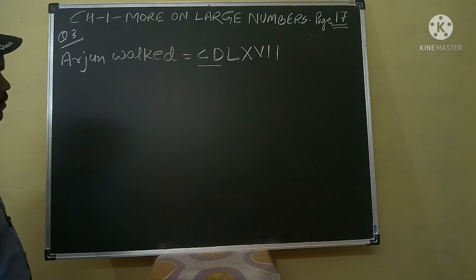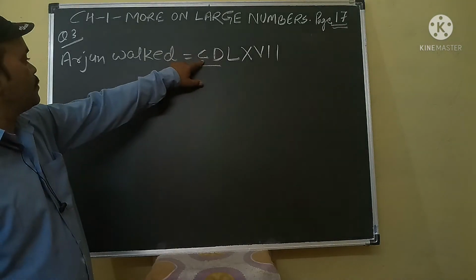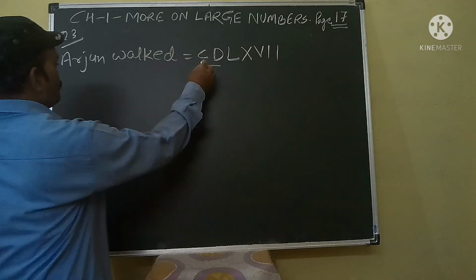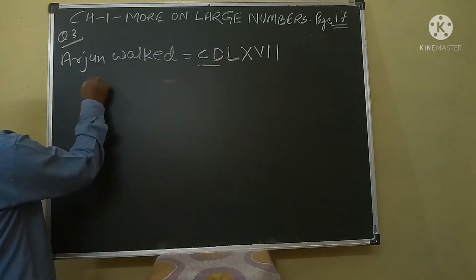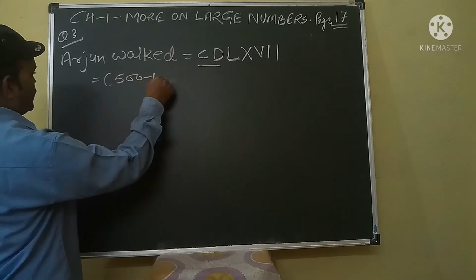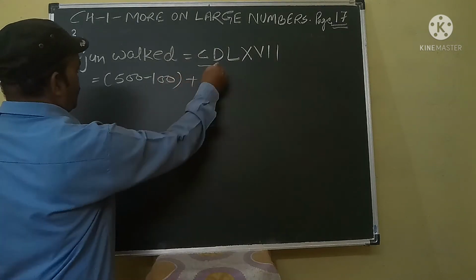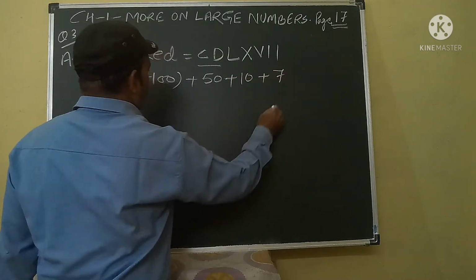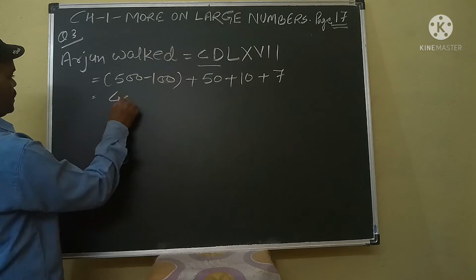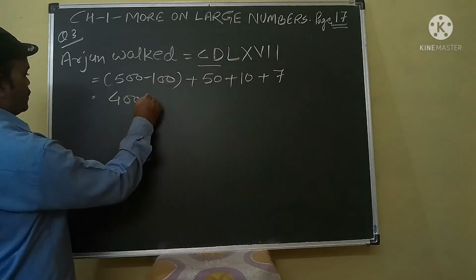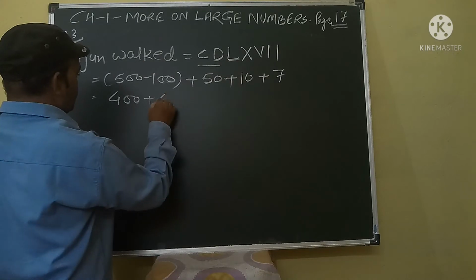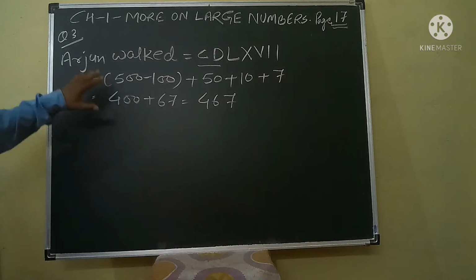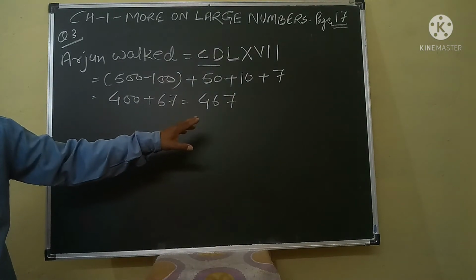So CD means 500 minus 100, which is 400. L means 50, X means 10, and this is 7. So 400 plus 50 plus 17 is 467. That means Arjun walked 467 meters.